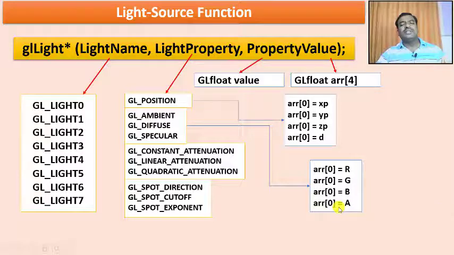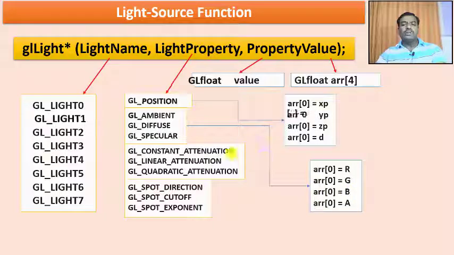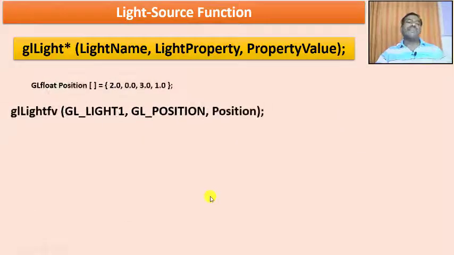We will see it later, but right now it's not important, but you need to pass a value for this. The first three values are RGB, which define the color of a light. And for the other properties, we're going to pass a single value.